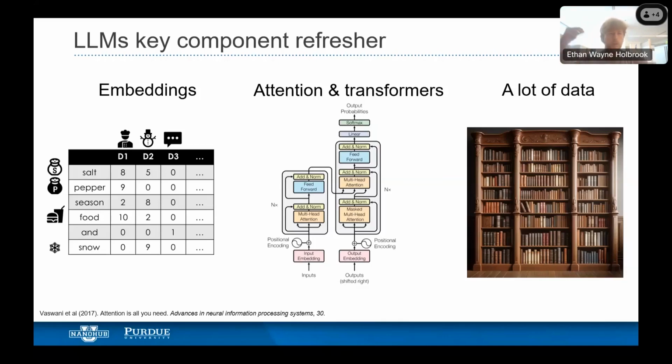And then we have attention and transformers, and these are essentially what allows these models to focus on relationships between different parts of a text. And then a lot of data. They're large language models, and they generally need a lot of data to perform well. Check out, again, my colleague Dr. Verduzco's seminar. There's going to be a link up shortly for more information on that stuff.